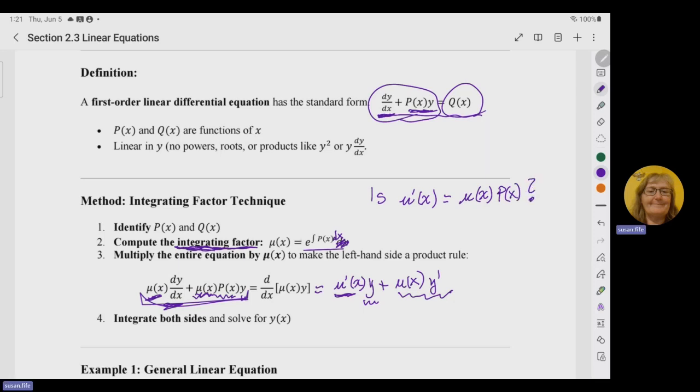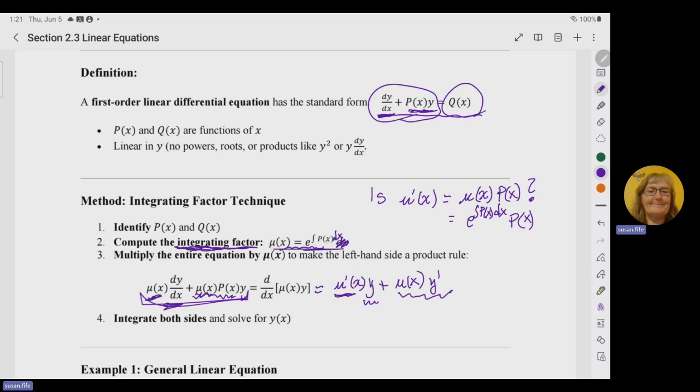We know that mu of x is e to the integral of p of x dx. So what's mu prime of x?